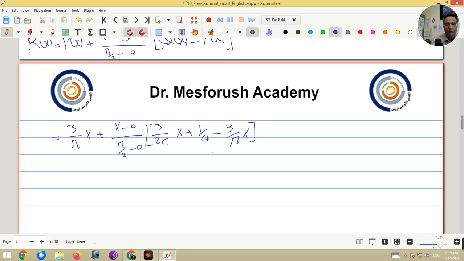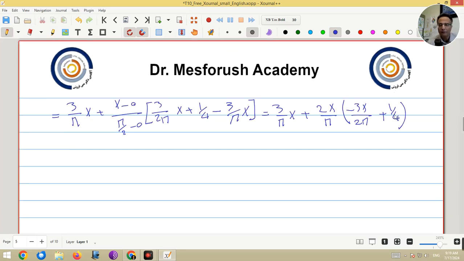Okay, now we try to simplify this. So this will be 3 over π times x plus 2x over π times (minus 3x over 2π plus 1 over 4).